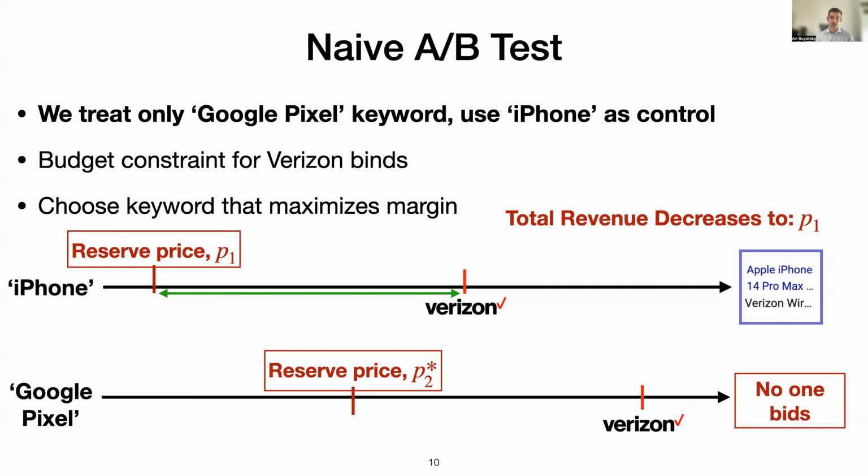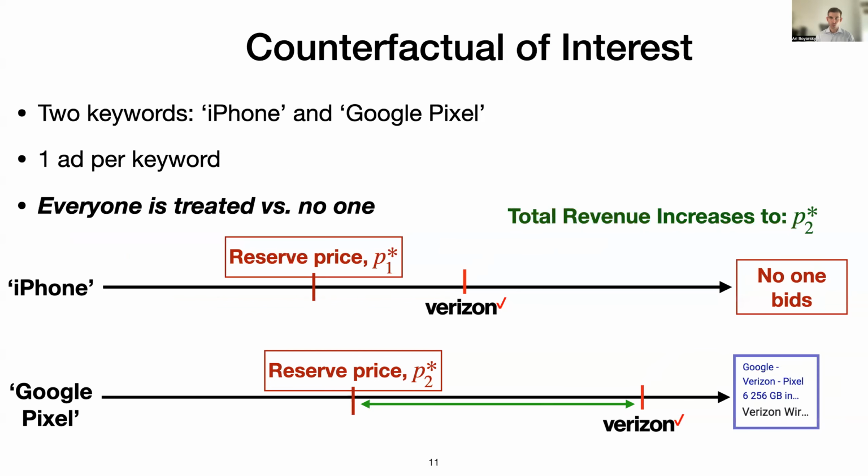So how can we explain this? Well, what's actually happening is that we're not looking at the counterfactual of interest that we should be. We're not interested in what happens when one keyword gets this policy. We're interested in what happens when everybody gets this policy, when both keywords get this policy. In that case, we preserve the utility that Verizon gets in Google Pixel, and our revenue actually increases to P2 star, the new reserve price.